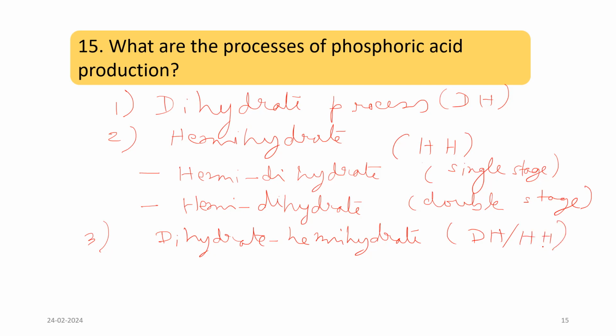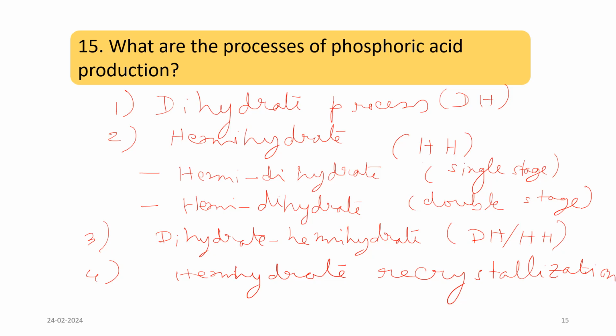Okay, and the last one is the hemihydrate recrystallization process, that is the HRC process. So these are the four processes for phosphoric acid production.